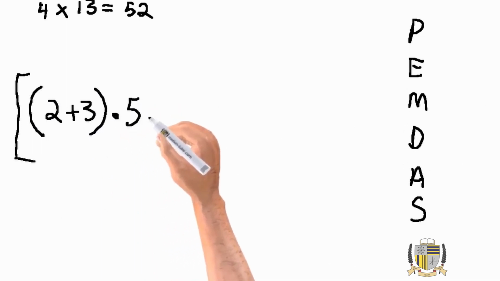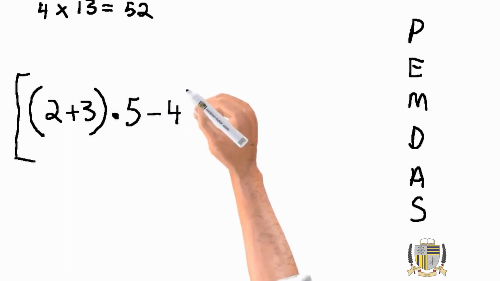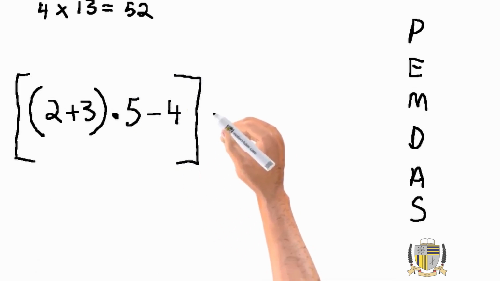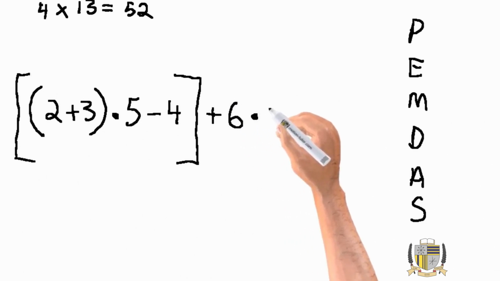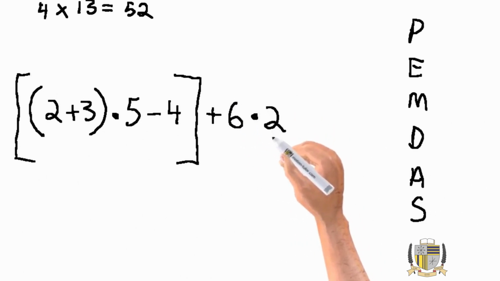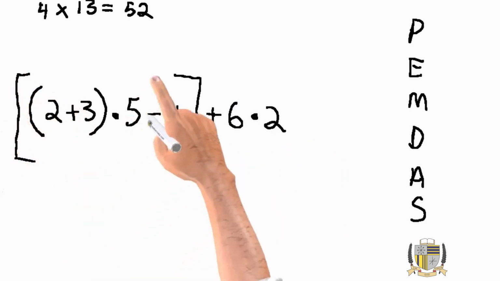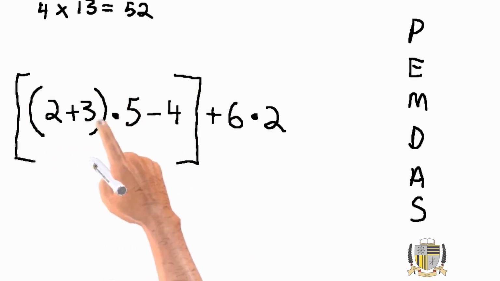Here's a 5 minus 4 plus 6 times 2. So check this out. We have a big parentheses, and within that we have another parentheses.